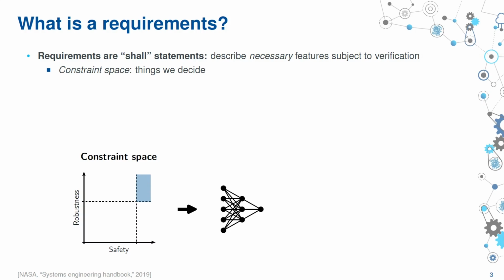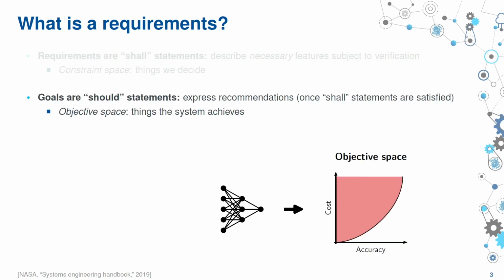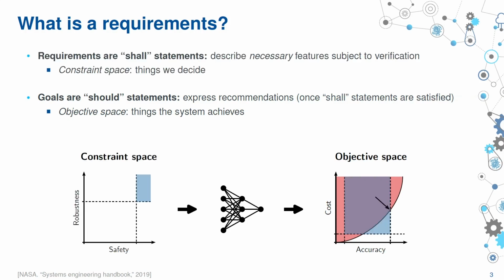These define the constraint space. It's the thing where we get to decide what the system has to do. This is to be contrasted with what are called should statements, which are considered more like objectives. These are things that the system achieves or that we want to optimize over. These 2 things put together are the basis of system design.